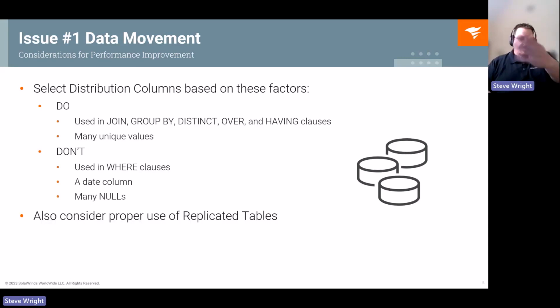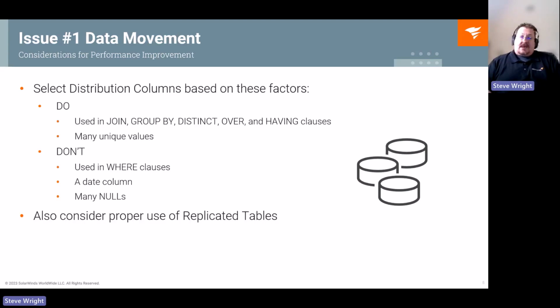Joins and group by is the most common, but obviously distinct and having clauses too. Also, like I said, choose columns with many unique values, for the reasons we mentioned before. And then, along those same lines, what you don't want to do is look at columns that are used in where clauses.